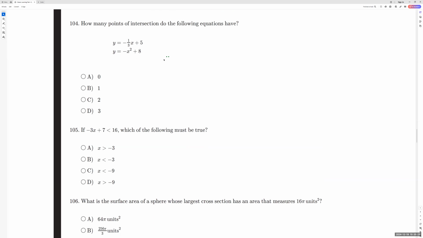And so in this, we need to draw them to have a visual of what this is. This is a parabola, but because it has a negative, let me write it bigger, y equals negative x squared plus 8. This is a parabola that's going to go down like this because of the negative sign that makes it go down.